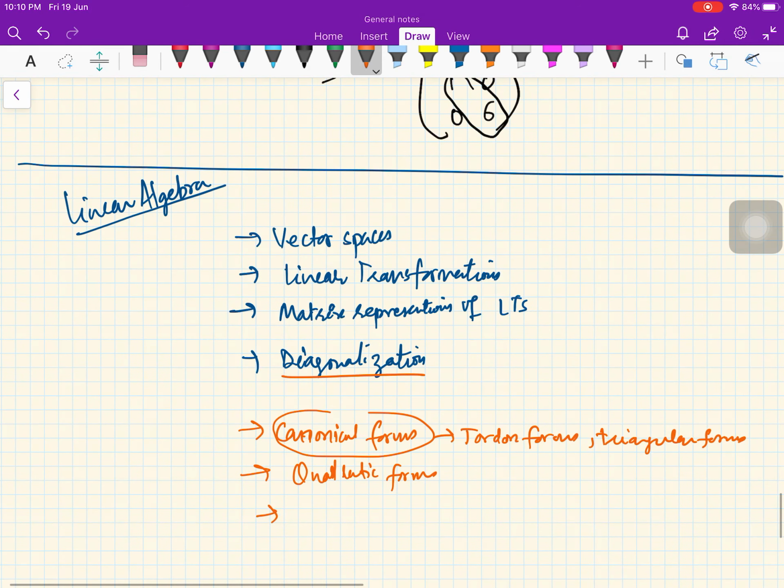And then we are left with inner product spaces. That is also a part of linear algebra, although we can study it in functional analysis also. And then we have something called matrix theory, which we have used wherever it has come, but independently we have to study that, right?